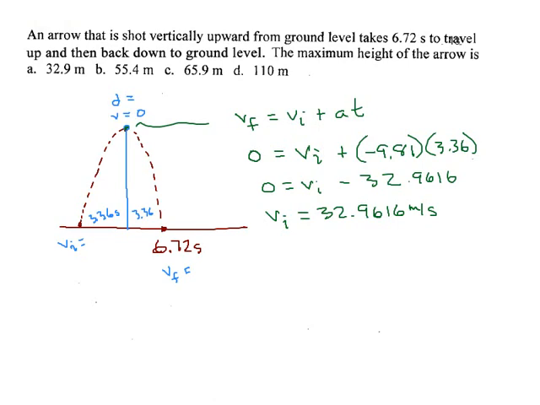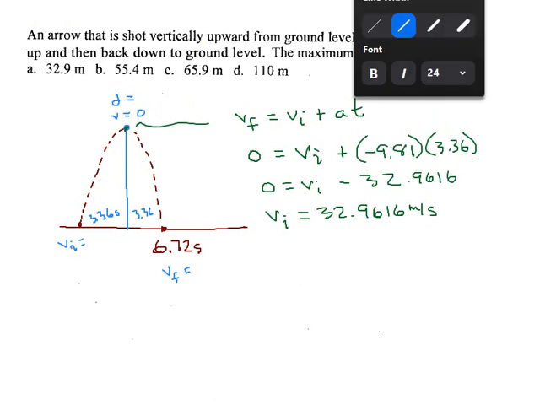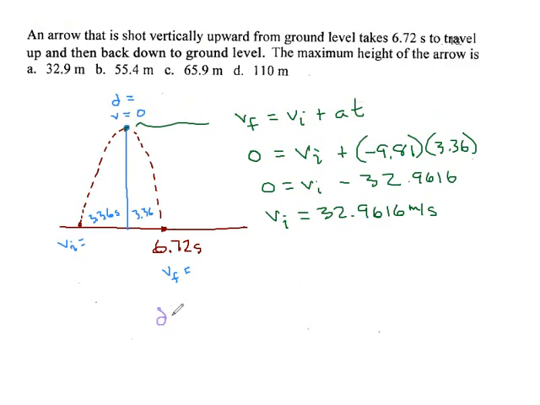Now that we have it, can we find how high we got here? Yeah. There's at least one way to do that. We could say distance equals ViT plus 1/2 AT squared. Or, you know what? This would work too.